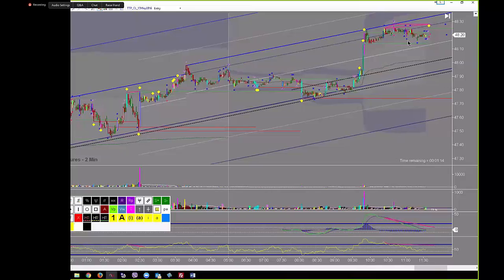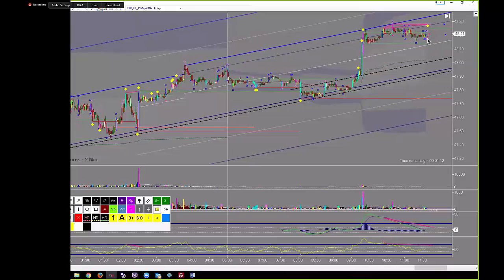So I'd be saying, all right, this midpoint didn't really act much as support previously. Would you guys expect that to act as support now? Where would you expect support to come in now? If you had to make a wild guess, where do you think the support would come in?